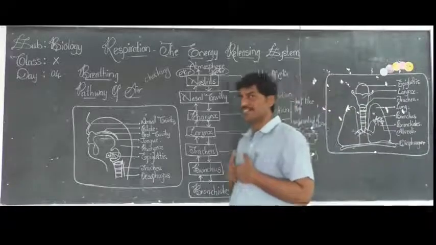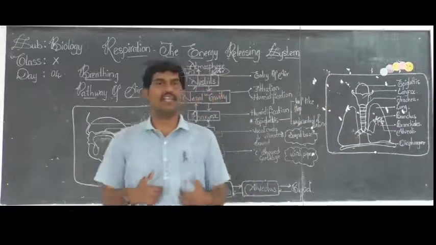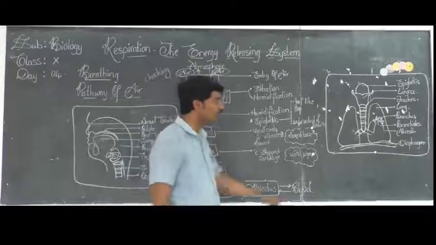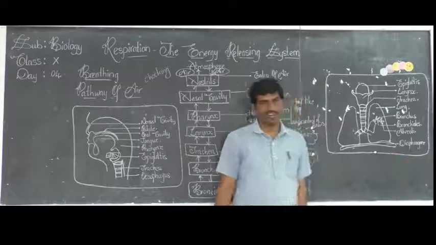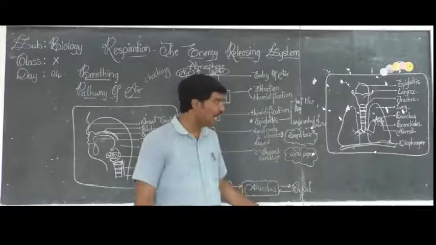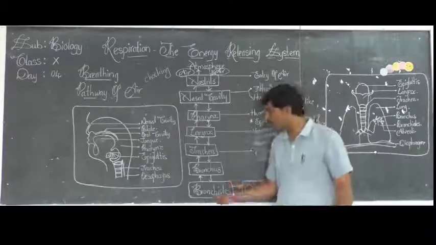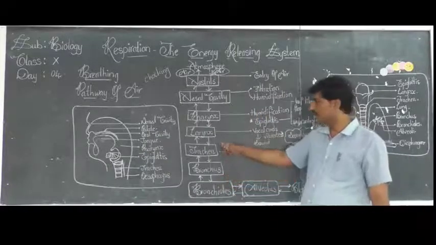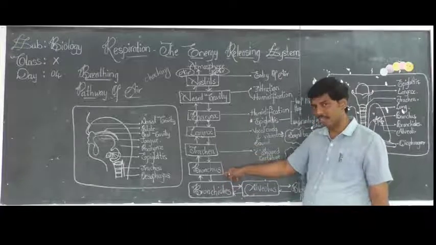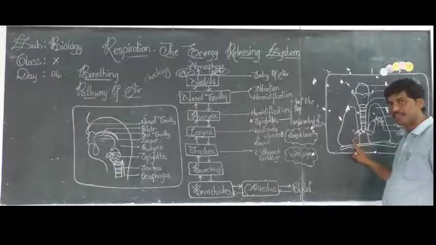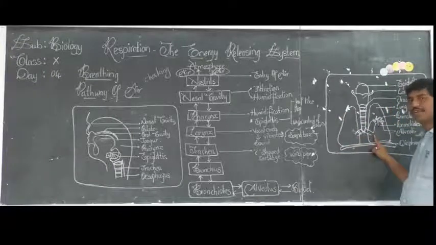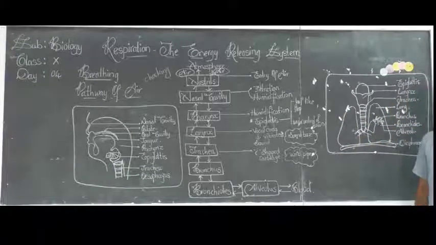And in our chest, at the end, the trachea divides into two branches. One is right and the other one is left. These branches are called bronchus. Now the air from the trachea enters into the bronchus. The right side one we call the right bronchus, the left side one we call the left bronchus.